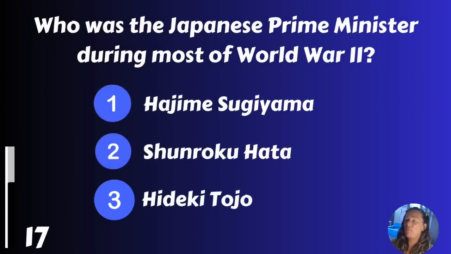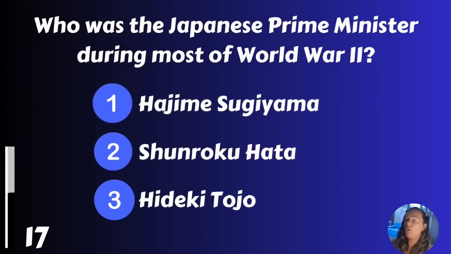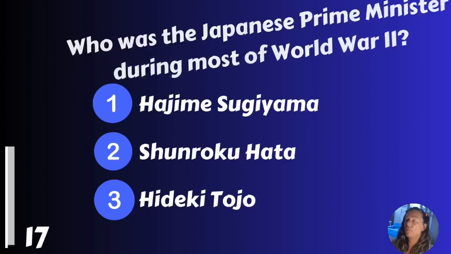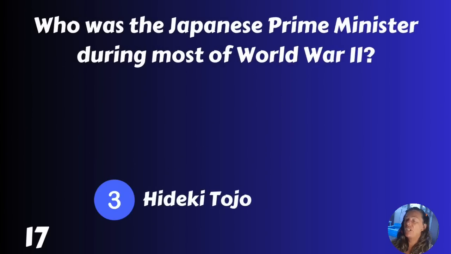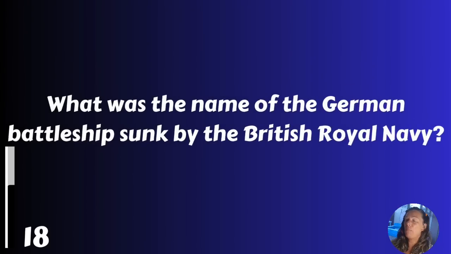Who was the Japanese Prime Minister during most of World War II? It's one of these three. Hideki Tojo. What was the name of the German battleship sunk by the British Royal Navy?